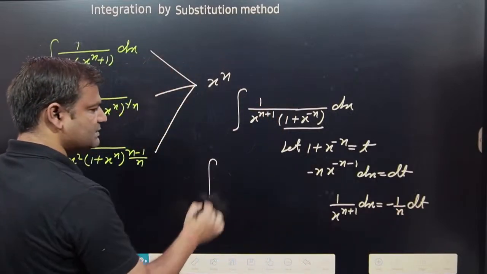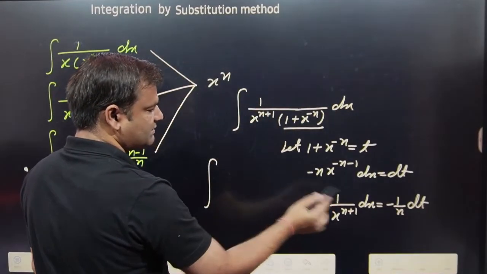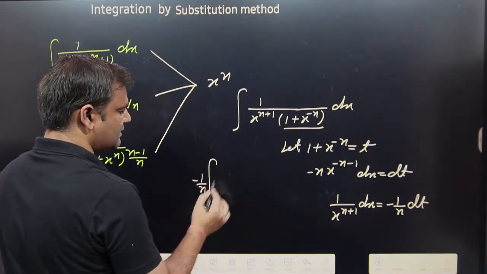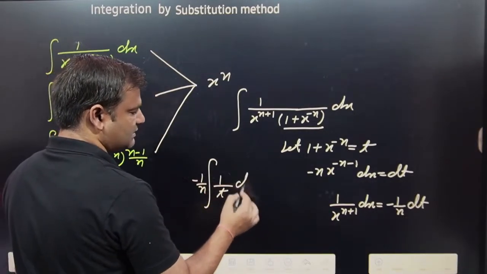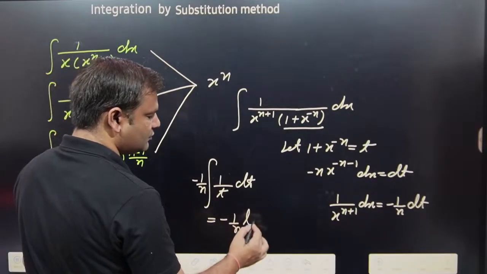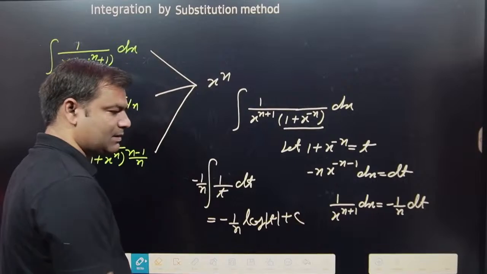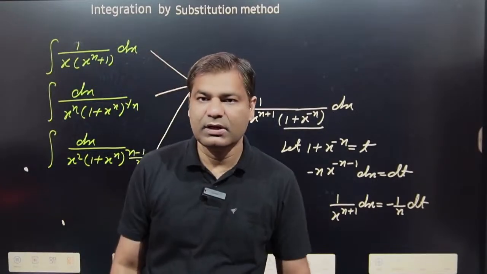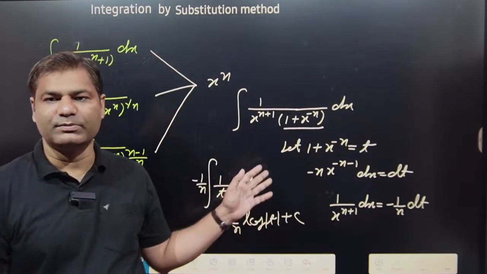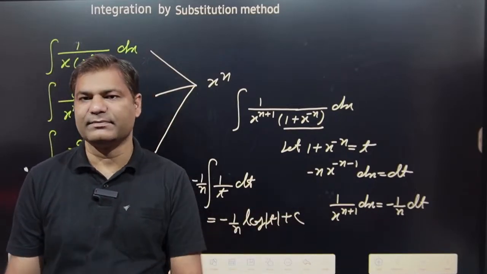Replacing, dx upon x to power n plus 1 becomes minus 1 by n into dt by t, and we get minus 1 by n into log t plus c. I hope it is clear how to solve this type of problem. After that, replace t with 1 plus x to power minus n.